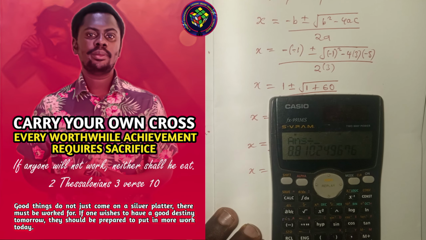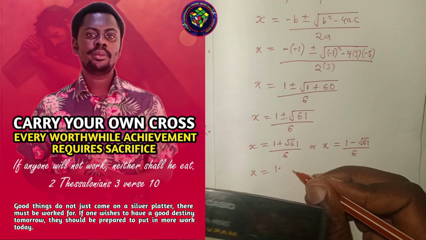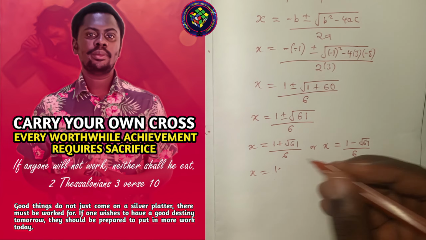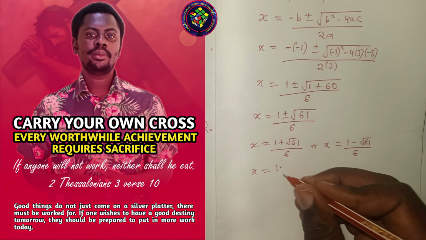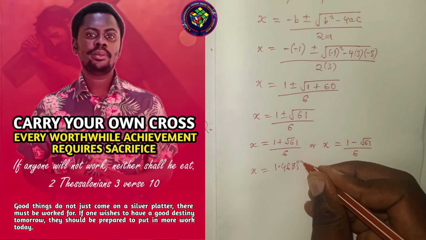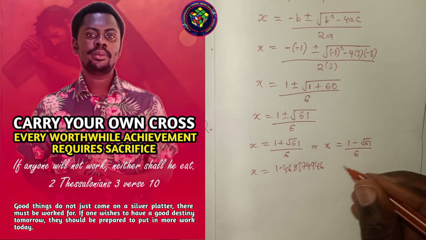Then you divide by 6. So you get 1 point, and at this stage, make sure you write all the numbers. So it's 1.4683749 46.